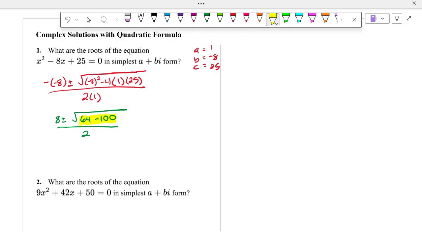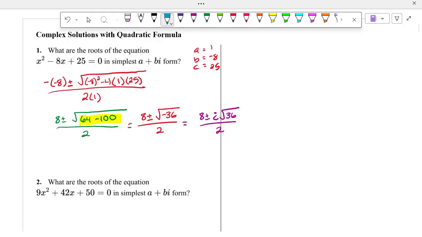Now, just by looking at this, what do you think is going to happen under that radical? We're going to end up with a what? A negative number. So this is equal to 8 plus or minus the square root of -36 all over 2. Which means, since we have a negative under the radical, we automatically have to do what? Take out that i. So I have 8 plus or minus i square root 36 over 2.